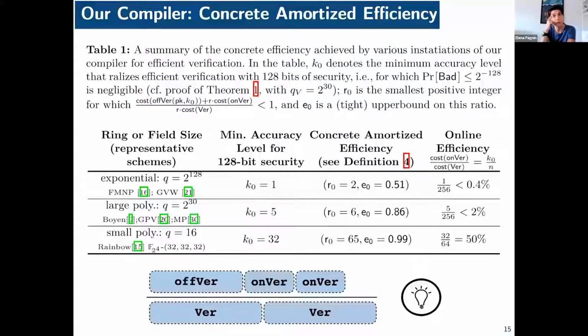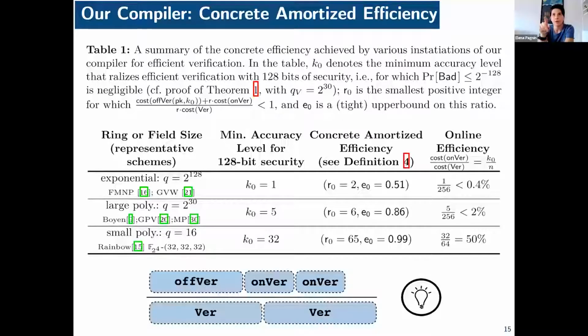What is interesting here is if you look at the first row of the table, for constructions where Q is exponential, which are, for instance, the homomorphic signature schemes cited over there, we get the highest level of confidence already with K equal 1. So instead of checking a whole matrix, I could just check one row that is obtained as a random linear combination of the rows of the matrix.